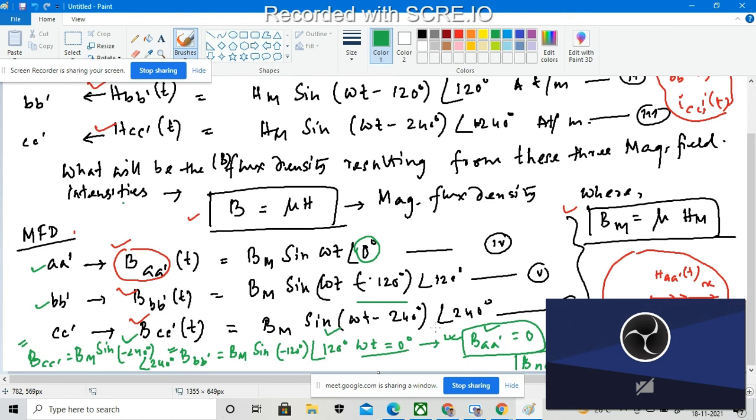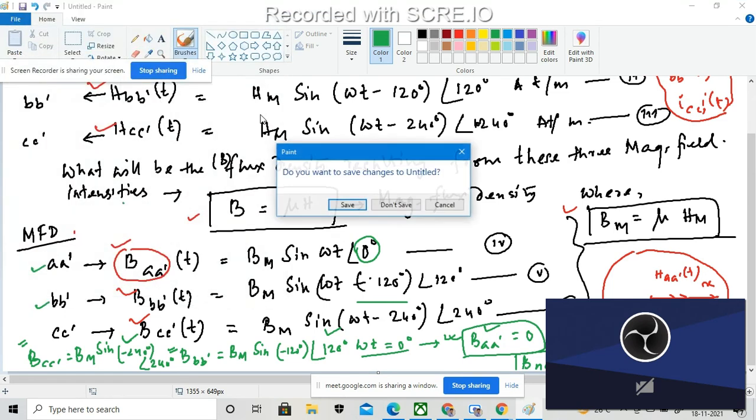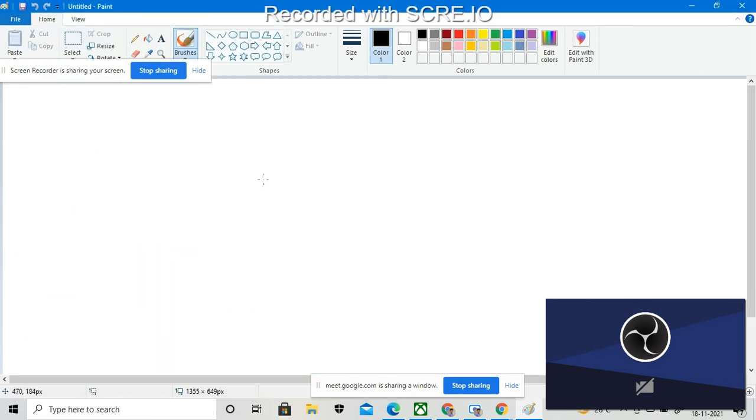Okay, now if we put in the values, you have to write on a new page.